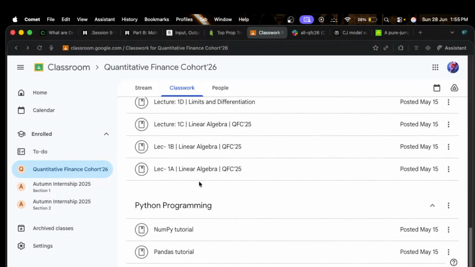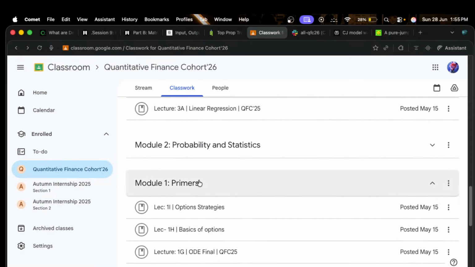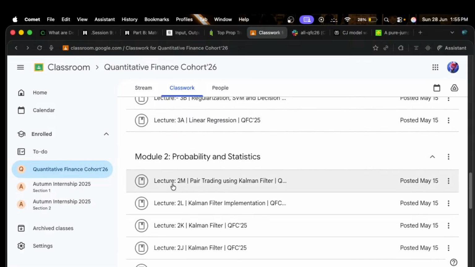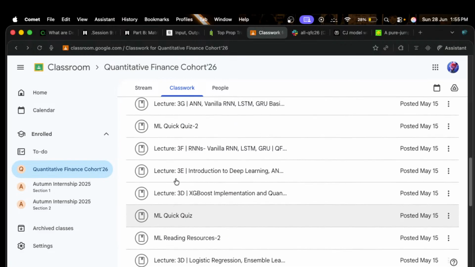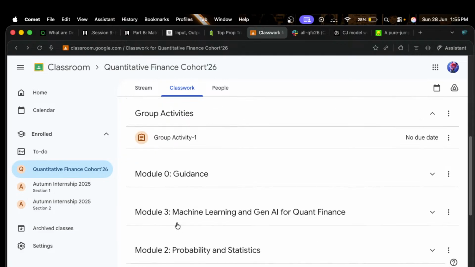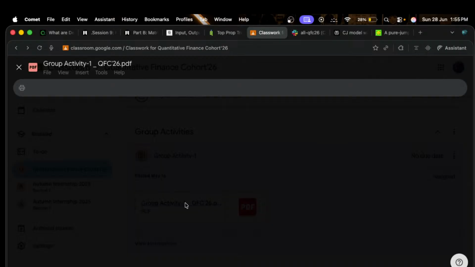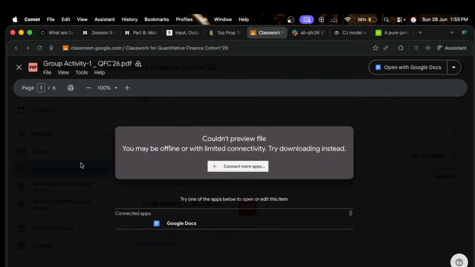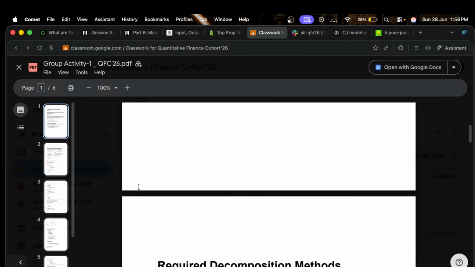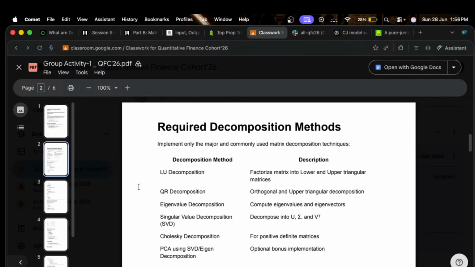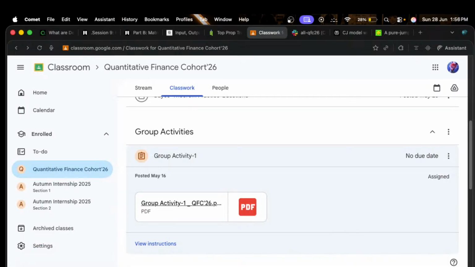So I will finish these primers as quickly as possible within this week, and I need to study this properly. Okay. All right.